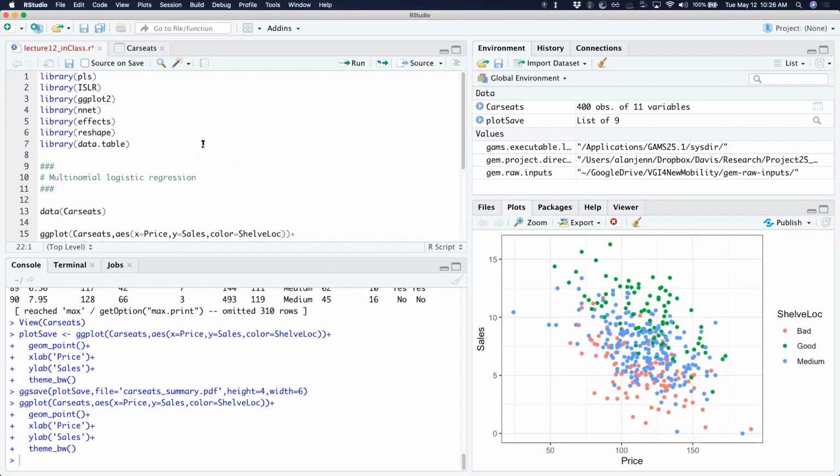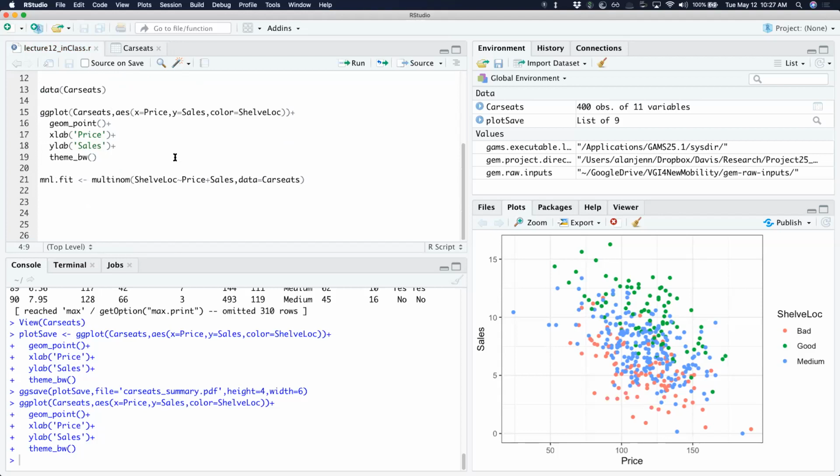Okay, so I am using the nnet package to do this. They have a function called multinom, and it's pretty straightforward.